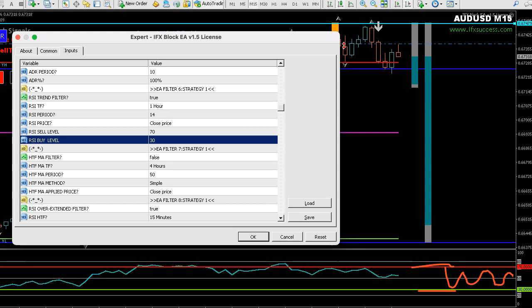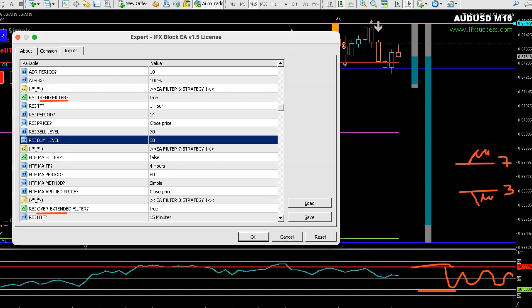This is my RSI. The overextended is opposite, so I'm going to do the overextended right over here. What we want to do is anything that's outside of it, 70, 30. This is 70 and this is 30. We want to trade anything outside of it as an extended, and then as a trend, we want to be able to trade inside over here. So this is the difference between trend RSI and overextended RSI. That is the main difference.